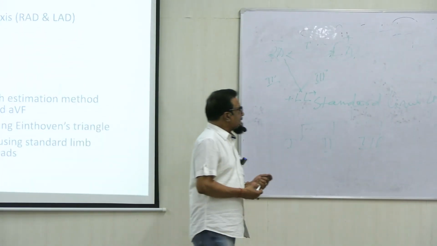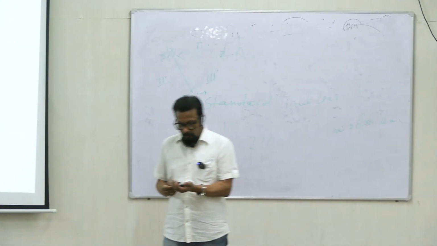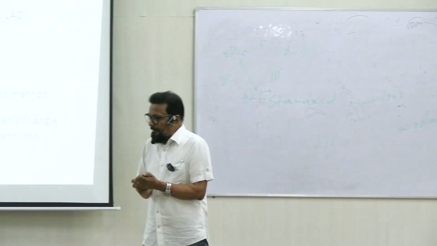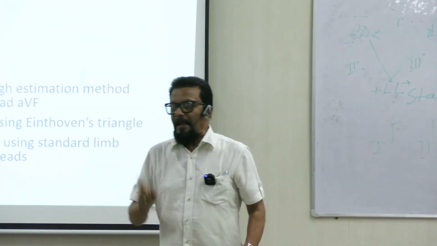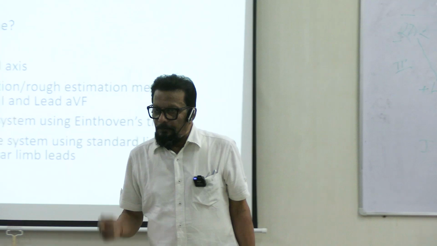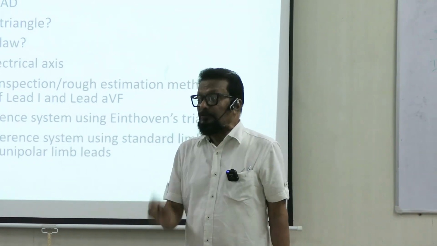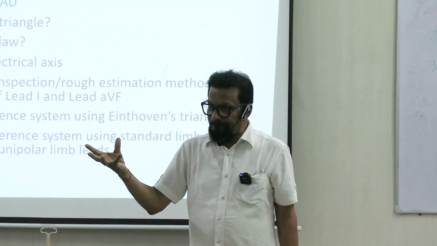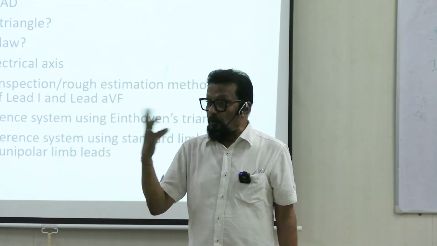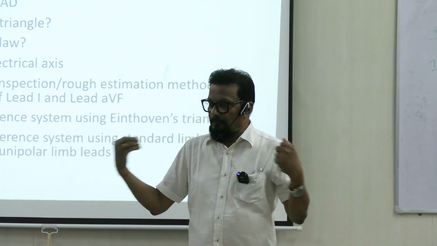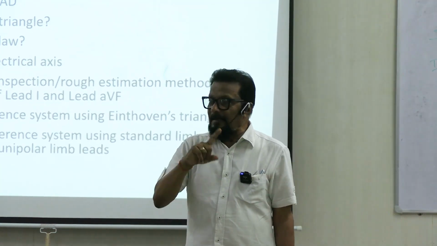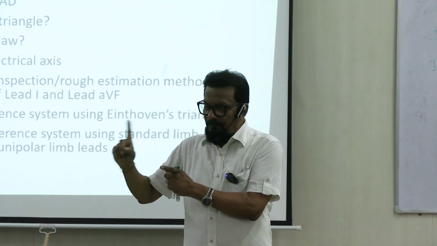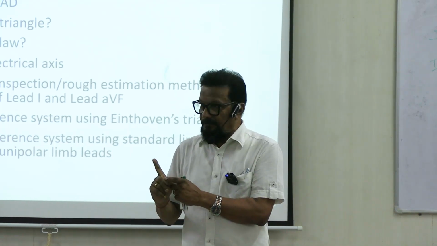And there are unipolar limb leads. What are unipolar limb leads? In unipolar limb leads, we have one electrode which is positively charged, the positive electrode, and this is exploring. It explores different portions of the body. Another electrode is the indifferent electrode.